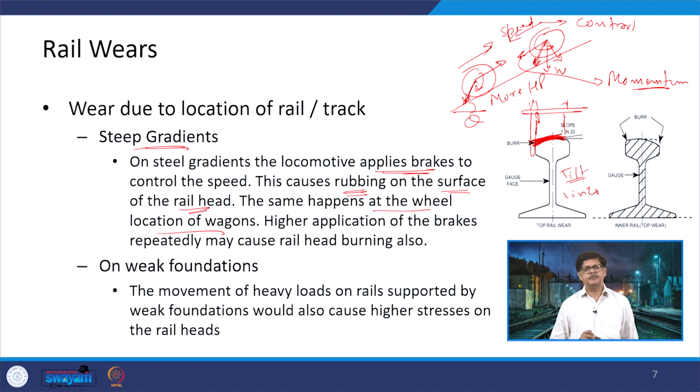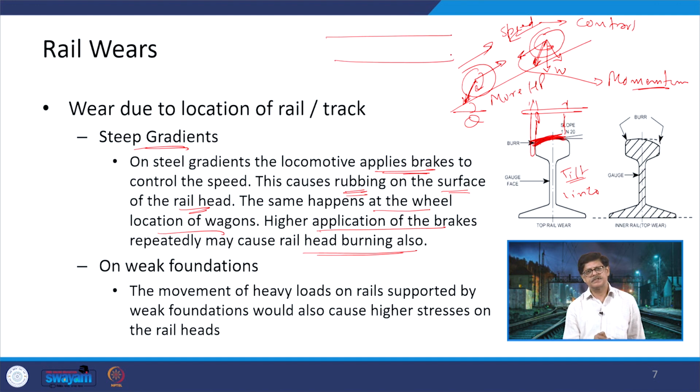You have to control the speed, and while applying all of those brakes, finally all of the assemblies get heated, and therefore the train has to be stopped at one location, and a cooling period of 10 minutes is given at that particular station, and only after that the train starts back for the further journey. Now, when this higher application of brakes is there, it may result in head burning also. We have seen what type of head burning features can be there.